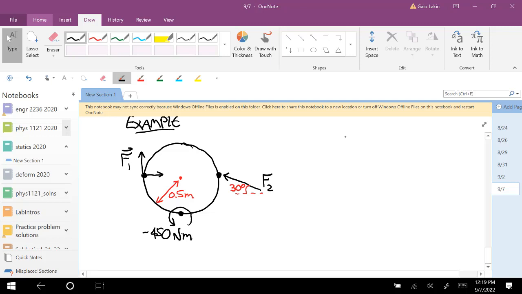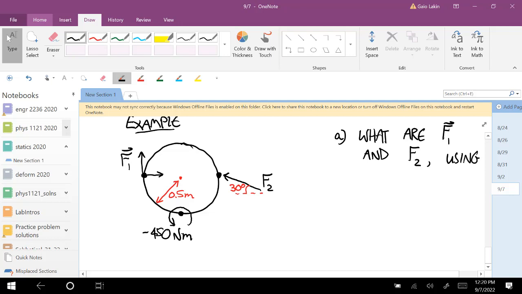And we're going to do this calculation twice. We want to calculate that force F1 and that variable value F2.